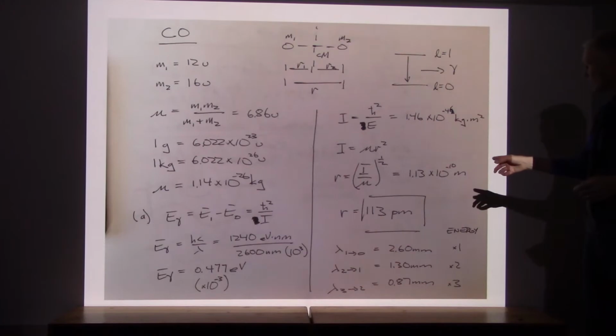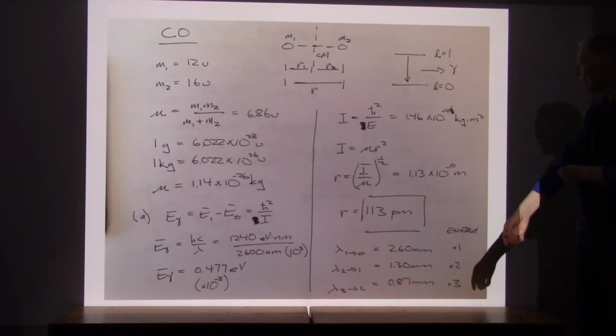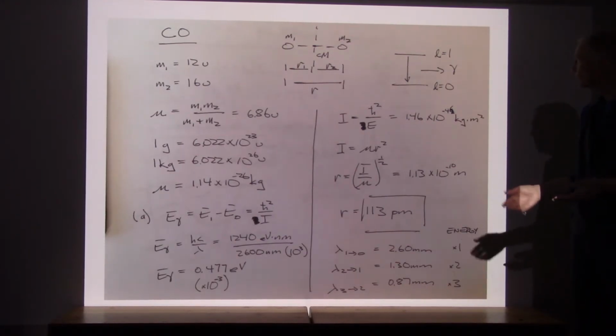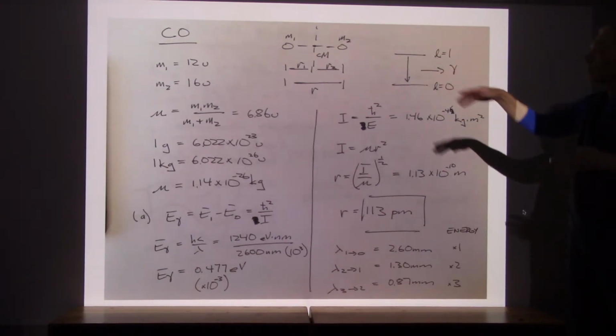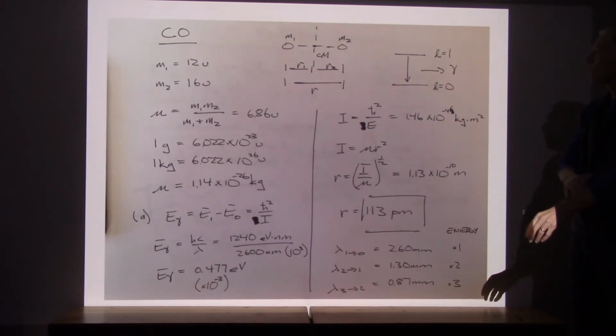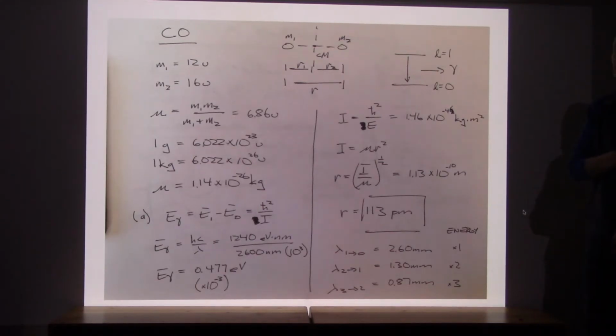That is the size of these molecules. When you look at these relatively light atoms, bond lengths between carbon, oxygen, nitrogen, hydrogen are in the range of 100 picometers or so.